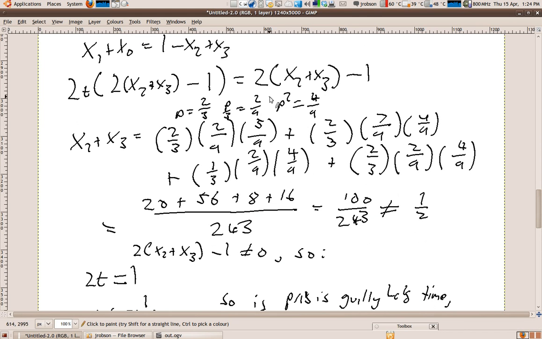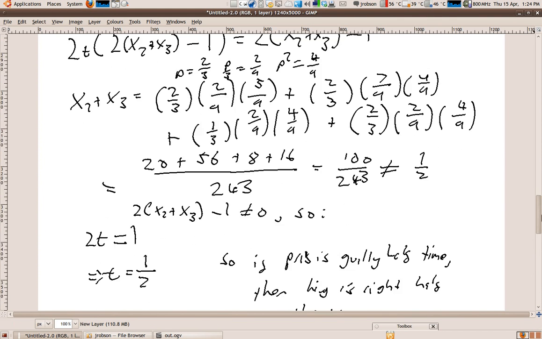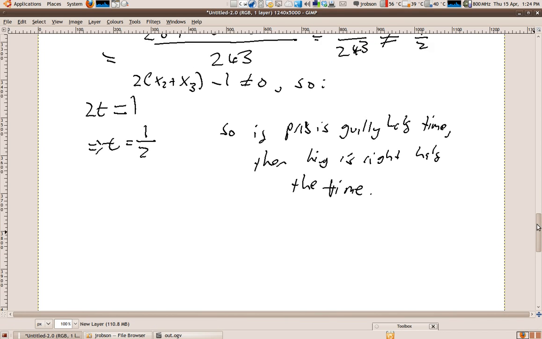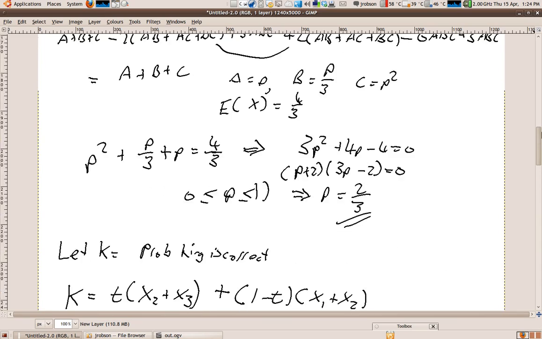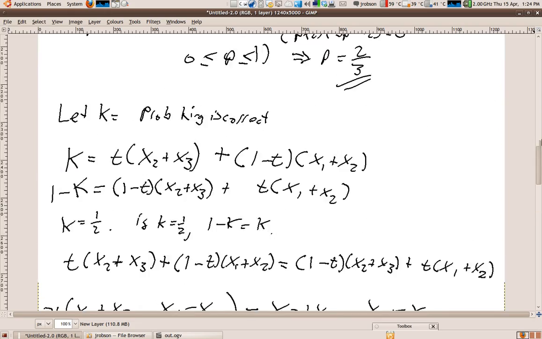I think the only place we used our p-values is to just check that this wasn't a half here. If there had been a half, actually what you'd find is that the king is always right half the time. So this is still true, which is quite interesting. It's not really the point of the question, but it's quite nice to realise. So actually, you end up doing the second half of this question, we're done now, but without doing lots of horrible multiplying out.